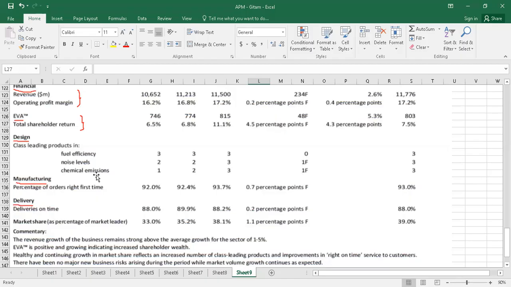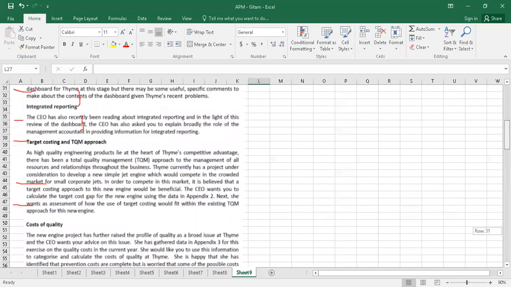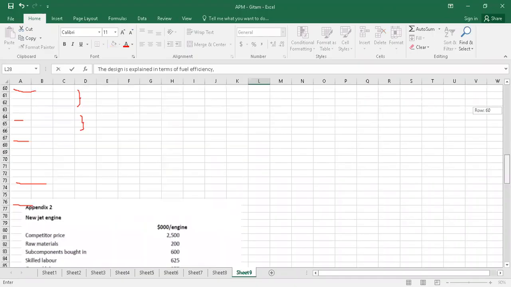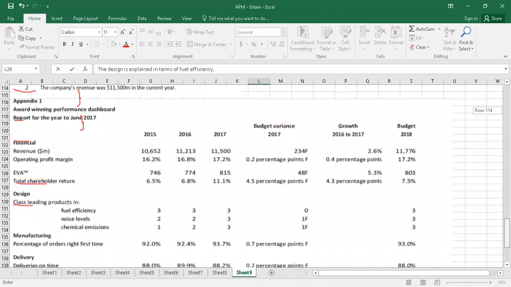So the design is explained in terms of fuel efficiency, noise levels, and chemical emission.